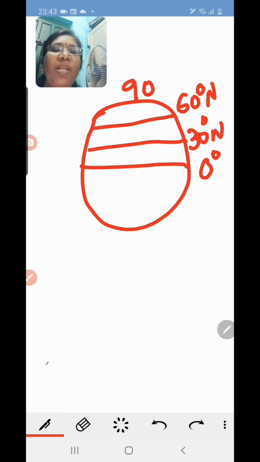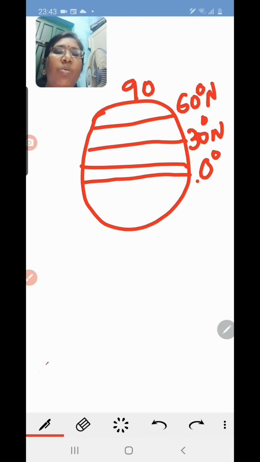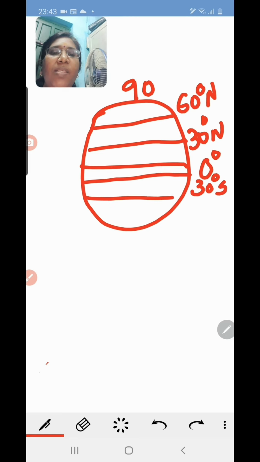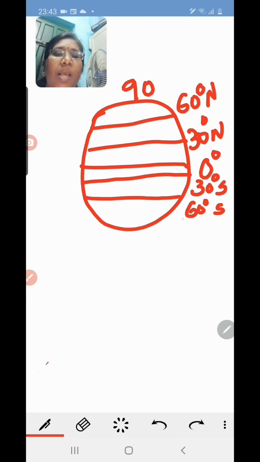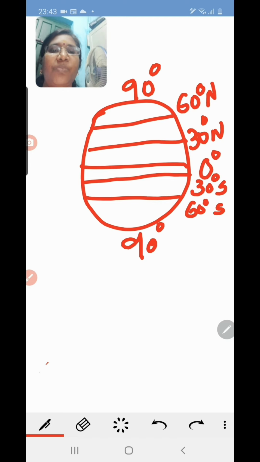In a similar way, in the southern hemisphere, from the equator to the south pole, also 90 latitudes. Here it is 30 degrees south, the next is 60 degrees south, and the last one is 90 degrees south.